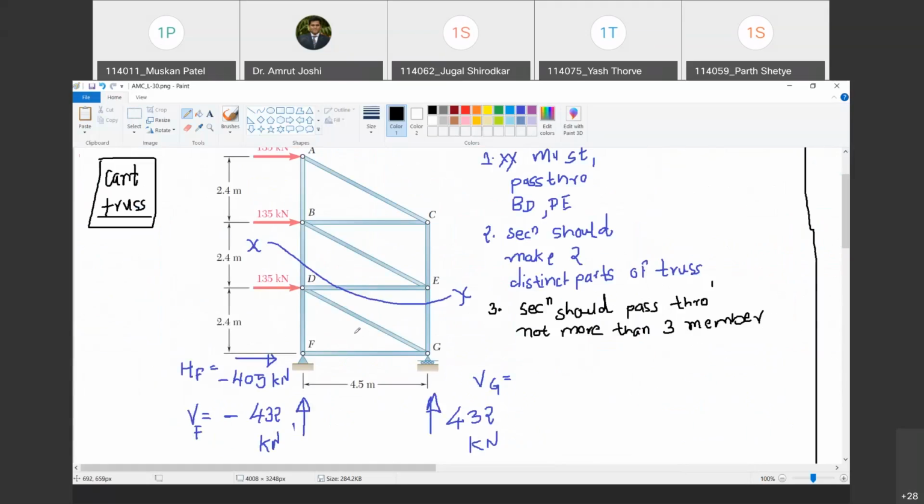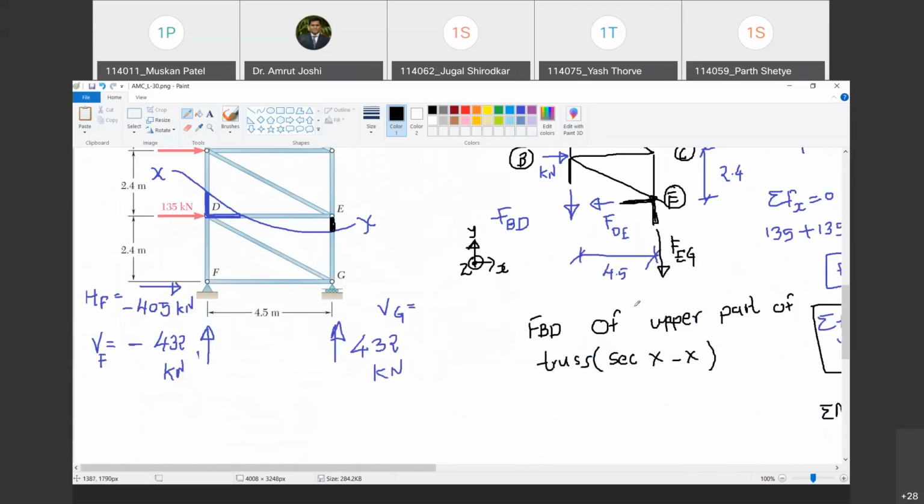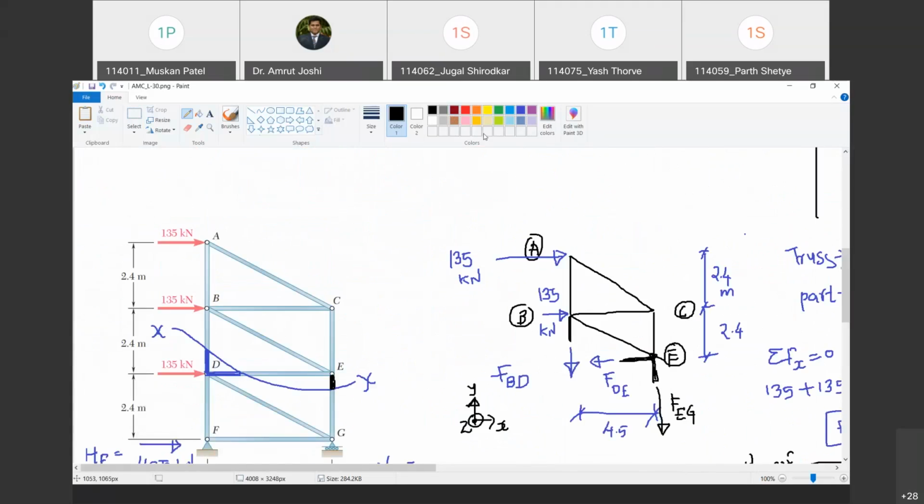Now let me go back again to the previous solution. Tell me, what kind of force system does this free body diagram form? ये जो free body diagram हमने सेक्शन के ऊपर का बनाया, कौन से तरीके का force system है? Are all the forces coplanar? Yes, sir. The lines of action of all the forces lie in a single plane, so this free body diagram is a system of coplanar forces. Are they concurrent?